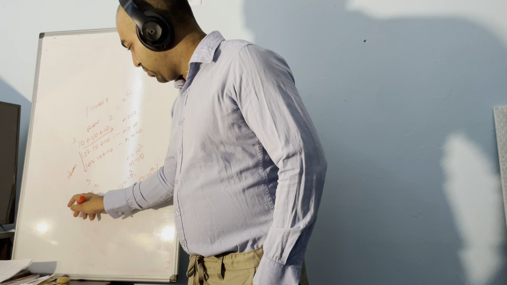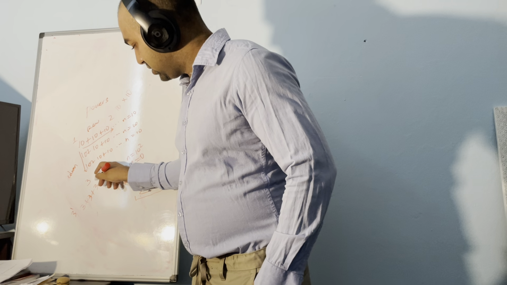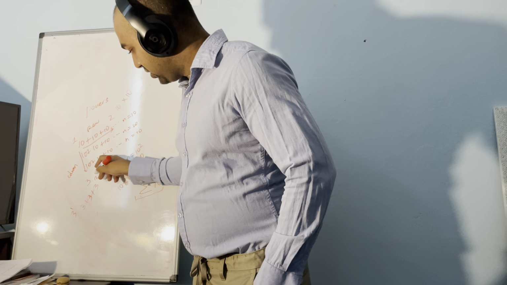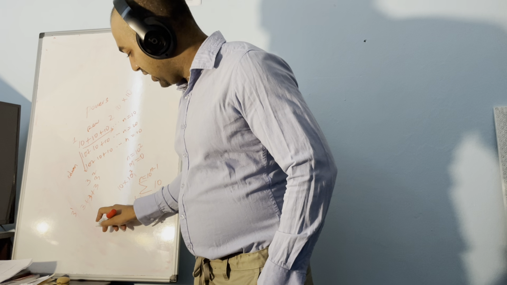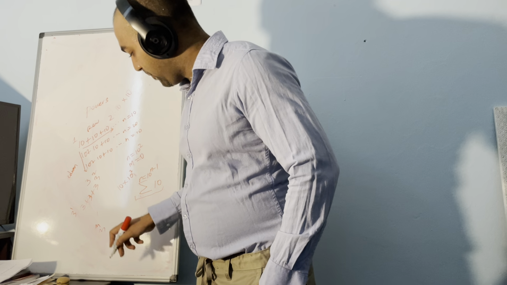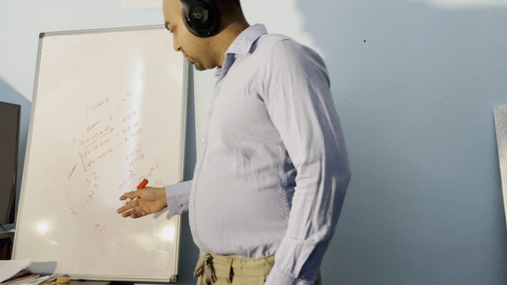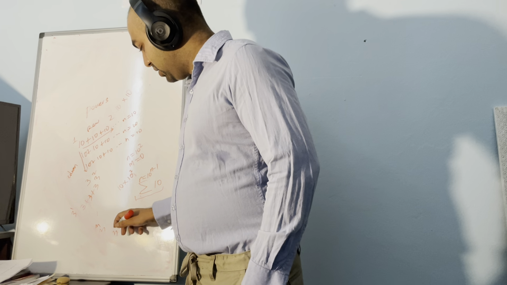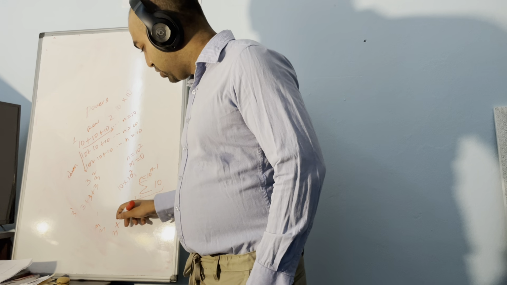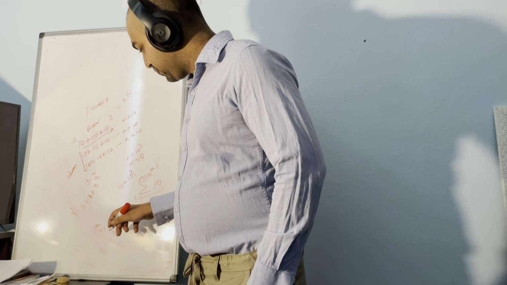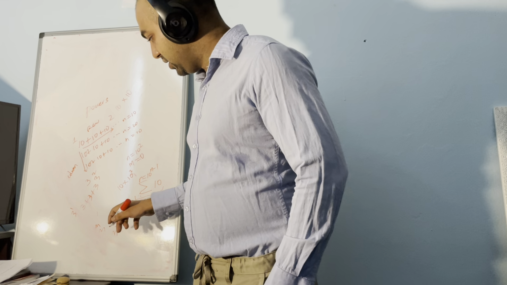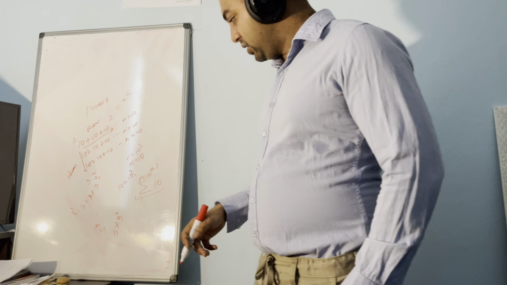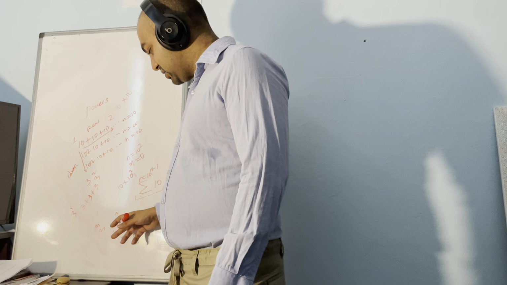So this is 3 to the power of 1. This is 3 to the power of 2. And then 3 cubed will be 3 times 3 squared.